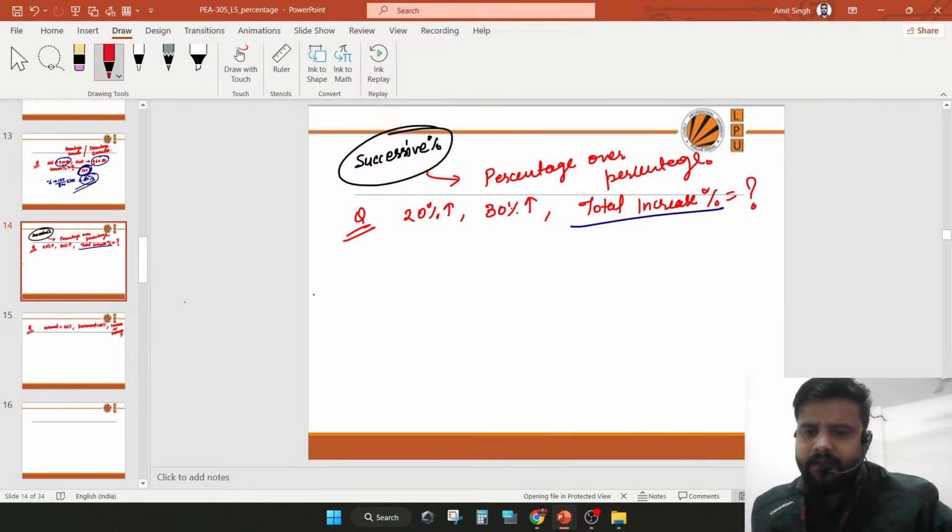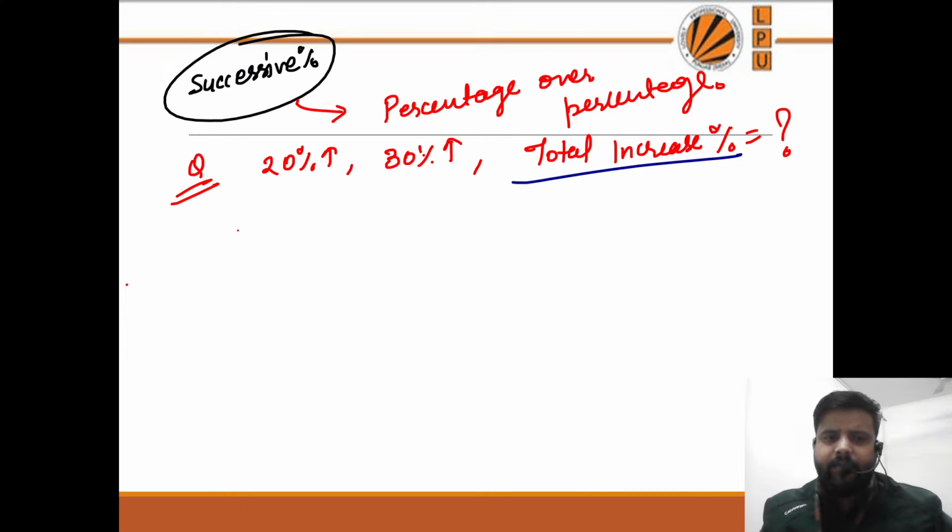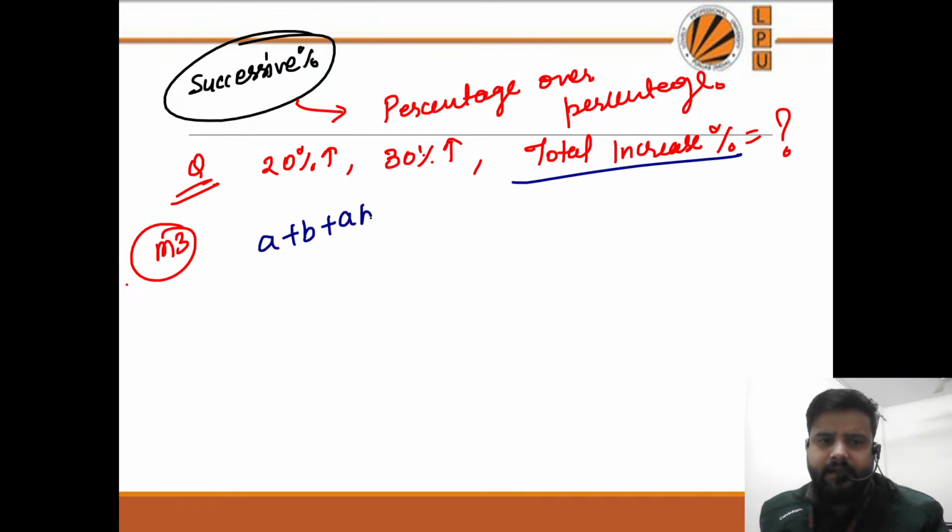Okay, let's do this same question with method 3. So method 3 is a plus b plus ab by 100. It is a formula to convert any successive percentage into flat percentage. So you can treat any of the percentage as a and any of them as b.